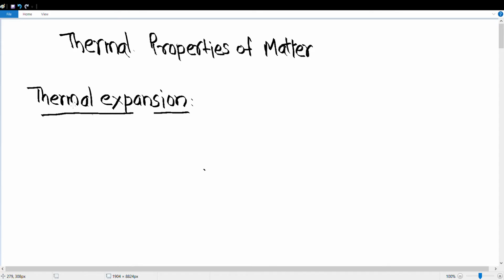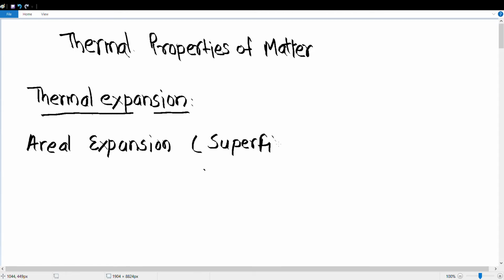Now let us see today the areal expansion. This areal expansion is also known as superficial expansion. Now let's see which expansion is said to be areal expansion.